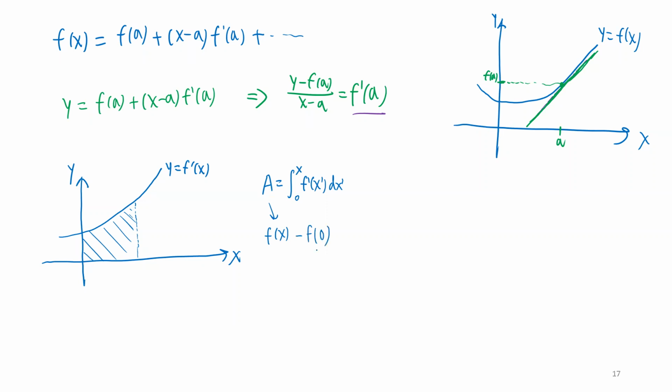But let's say f at 0 is 0. Then this area function is actually just f of x, right? So this is f of x over here.